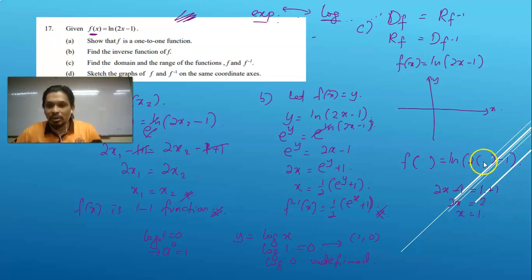Again, 2 times 1 equal to 2, and 2 minus 1 equal to 1. Natural log of 1 equal to 0. So x equal to 1 and y equal to 0.